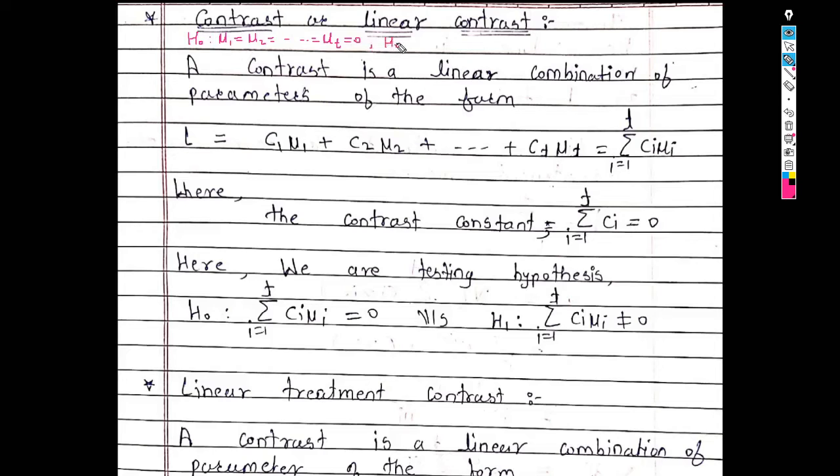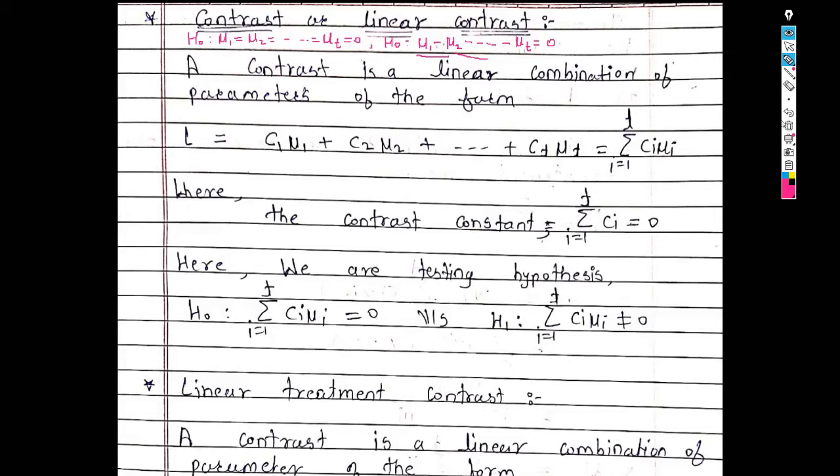So this can be written as H naught: mu1 minus mu2 up to minus mu t equals 0. Okay, so in this hypothesis, this term mu1 minus mu2 minus mu3 up to minus mu t is nothing but a contrast or linear contrast.